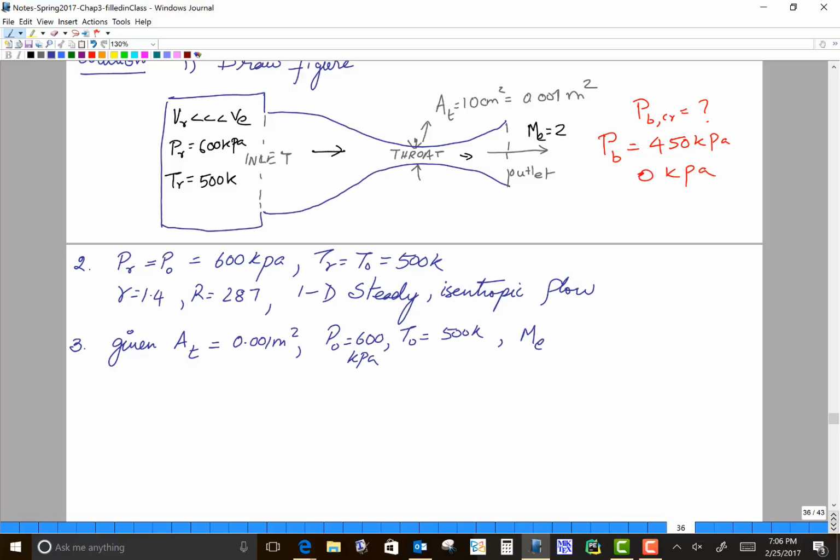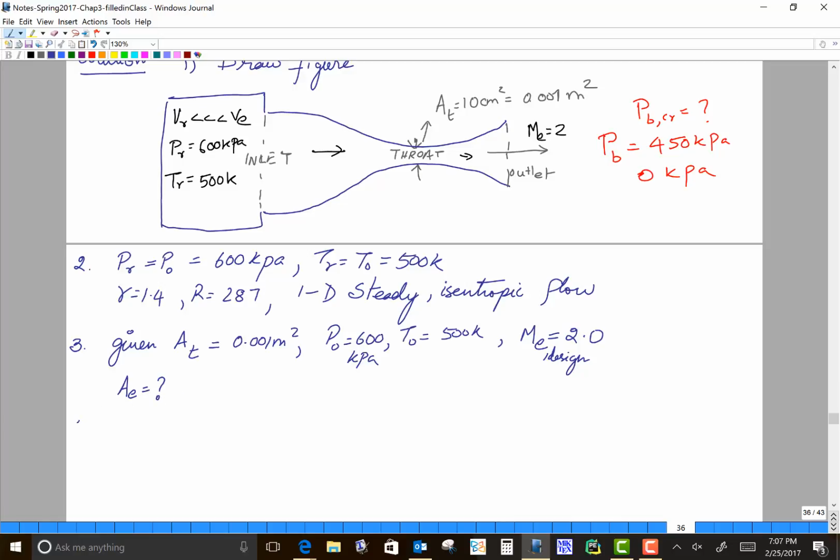It says it is designed for an exit Mach number of 2.0. Okay, so ME design is 2.0. Then we need to understand, the AE is not provided.